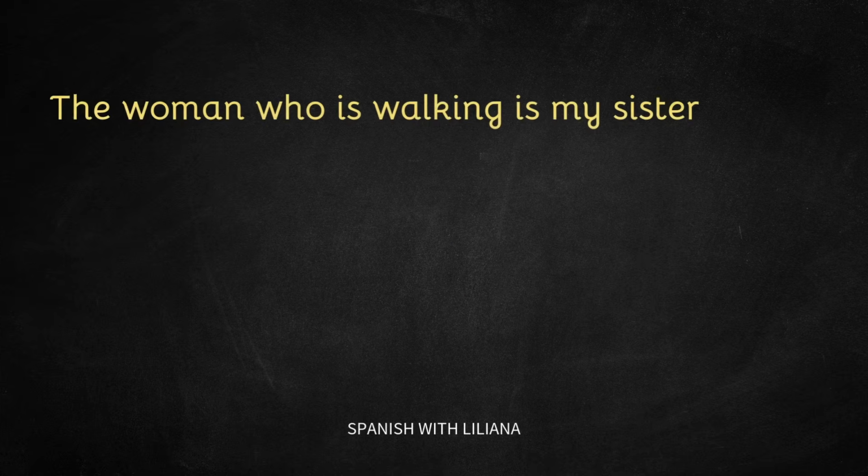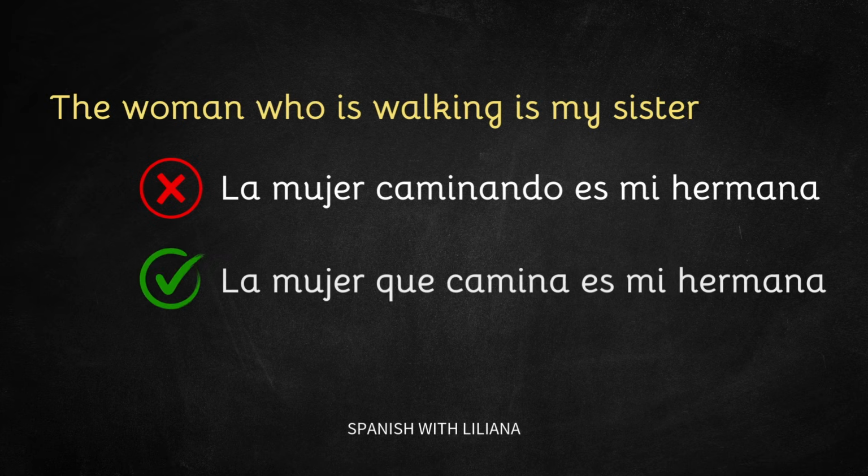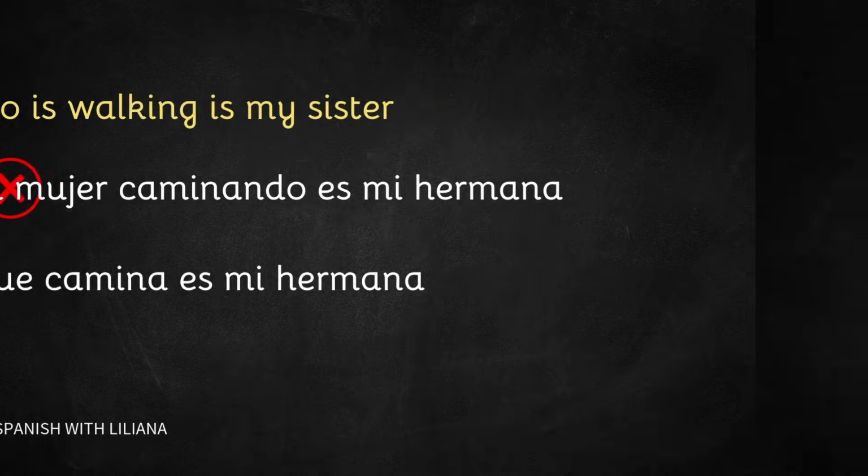For example, the woman who is walking is my sister. We would think that something like that translates into la mujer caminando es mi hermana. But the correct way is la mujer que camina es mi hermana.